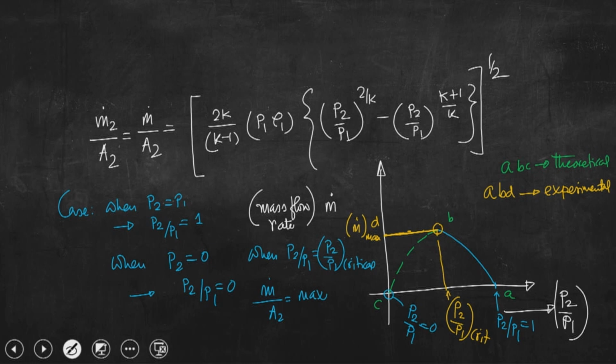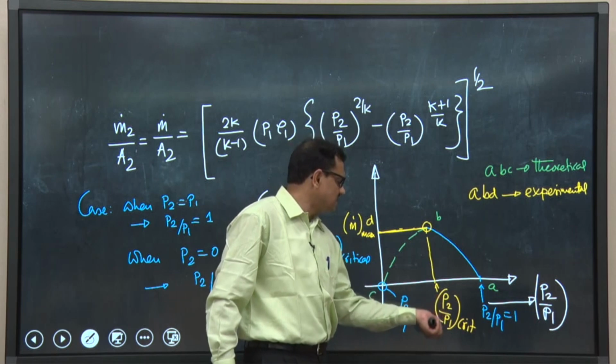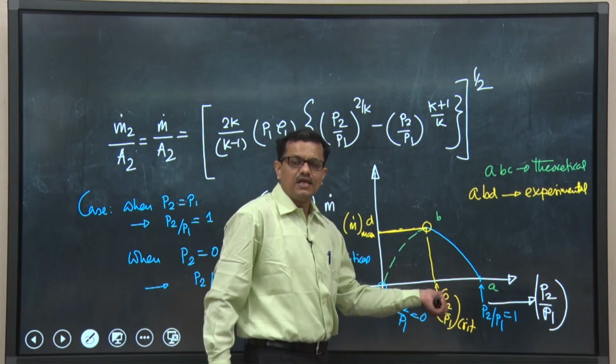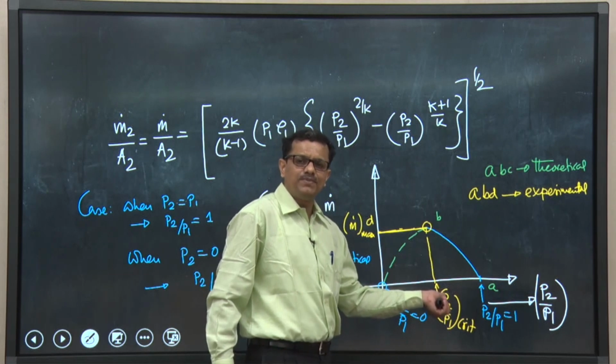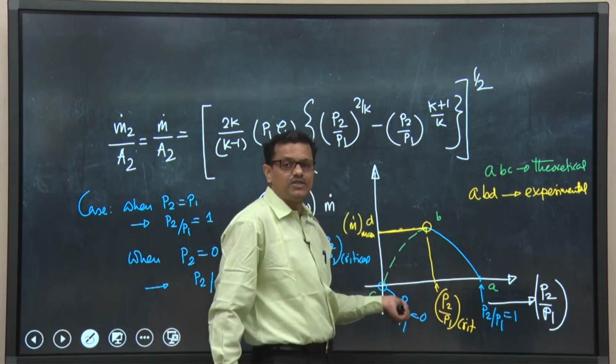So, try to understand: we have seen mathematically that if I reduce the pressure further beyond the critical pressure, where this is the critical pressure ratio and the corresponding pressure is the critical pressure, then mathematically the mass flow rate should become 0.